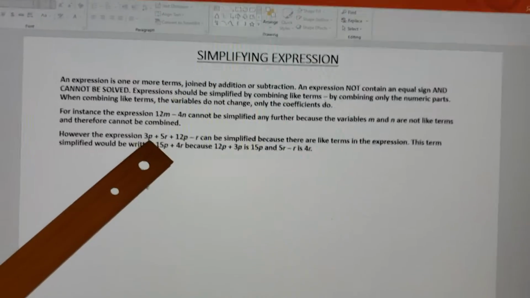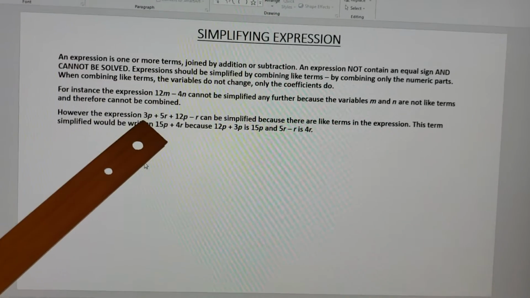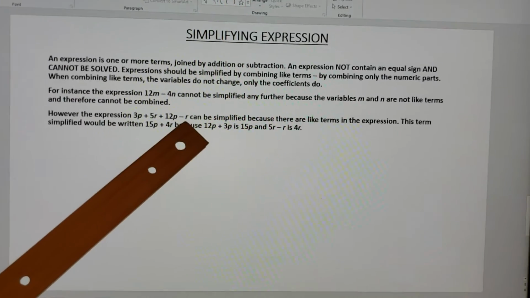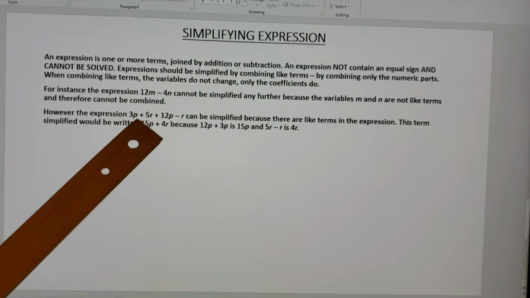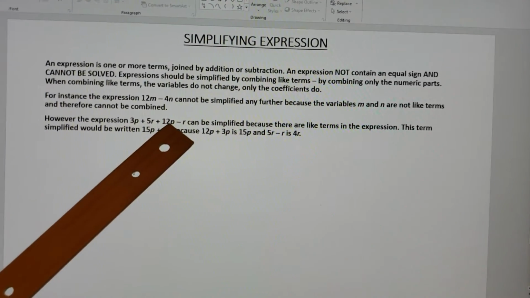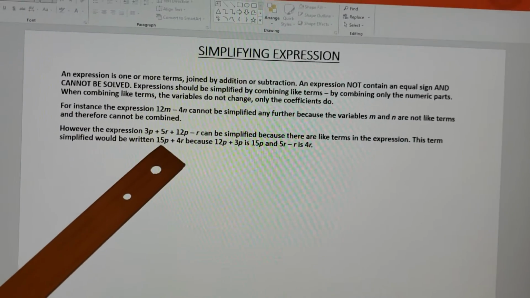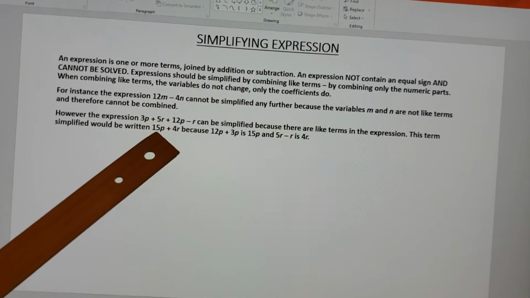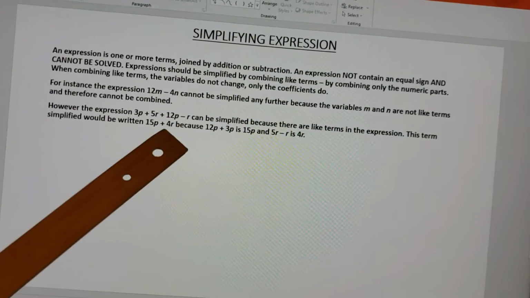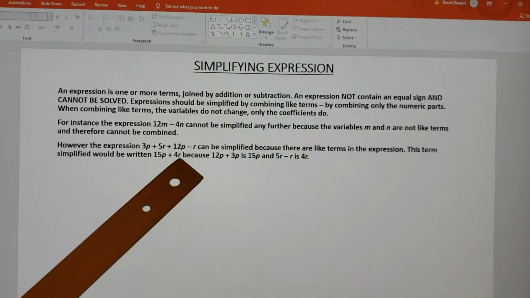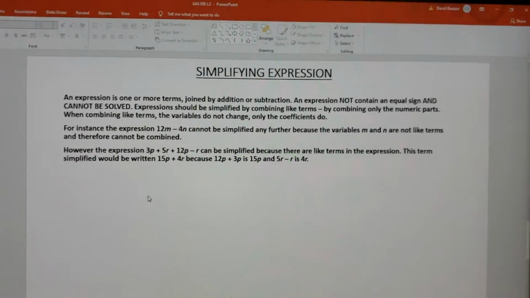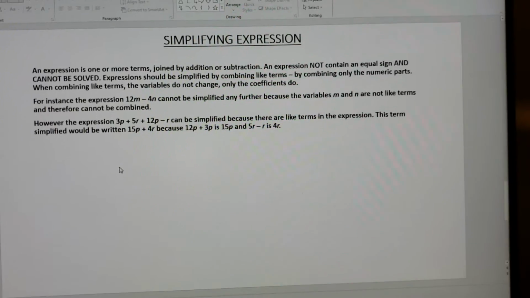But this expression can be simplified. 3p plus 5r plus 12p minus r can be simplified because you have 3p's and 12p's. You can simplify that to 15p. And 5r minus r, you can simplify that to 4r. So that expression can be simplified.